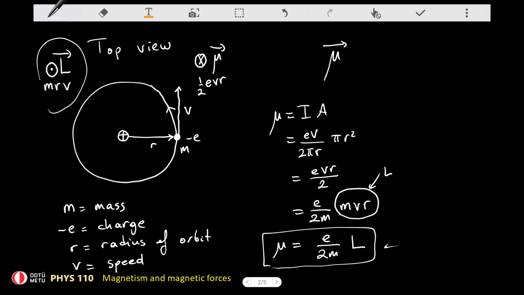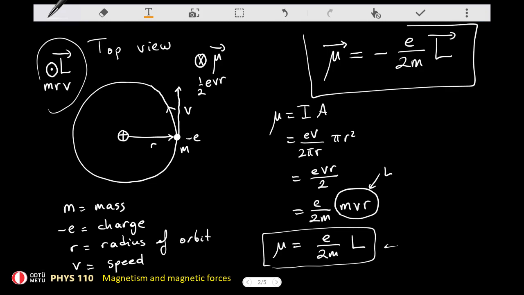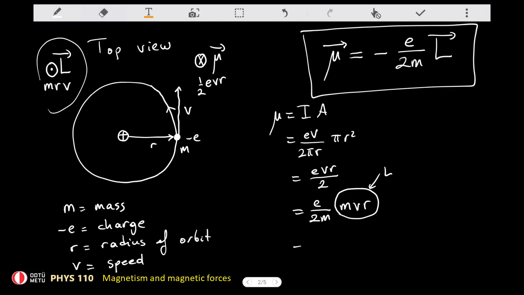So therefore, I would then say magnetic dipole moment is equal to minus e over 2m times the angular momentum. Minus because they are in opposite directions, and the rest is just the equation that we have derived for the magnitude. So again, let me erase everything else in here.